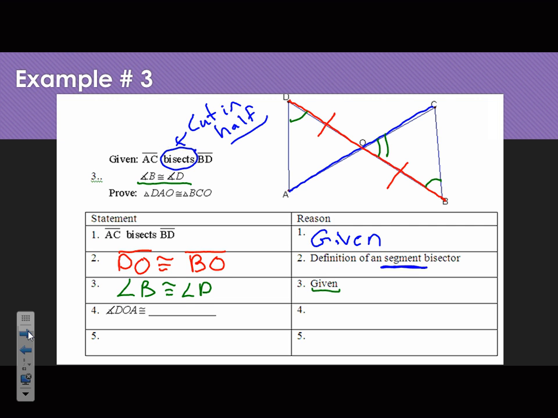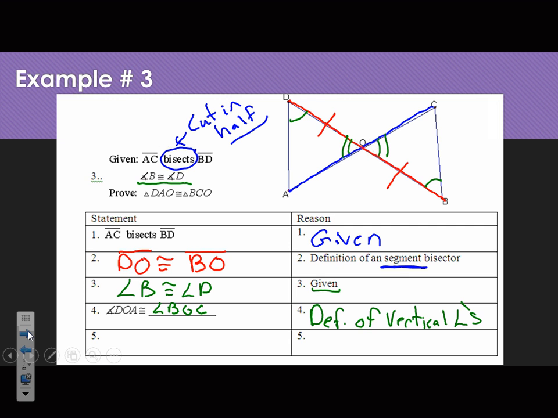So, vertical angles, I'm sorry. They say angle DOA is congruent to angle BOC, and our reason is going to be definition of vertical angles.